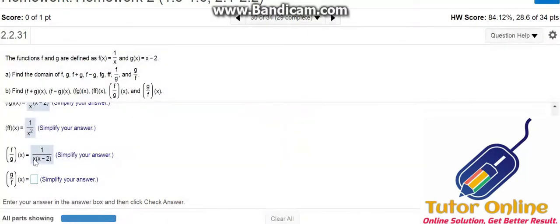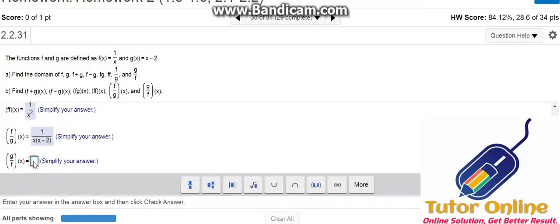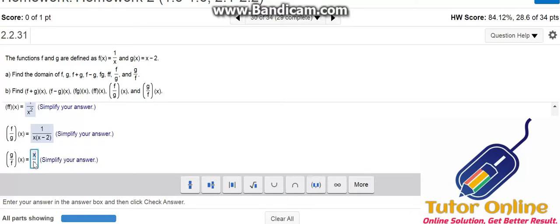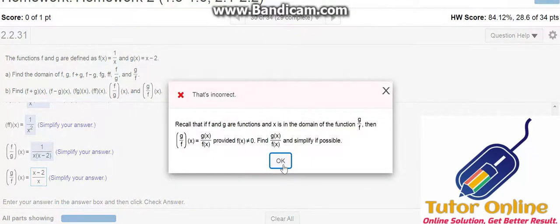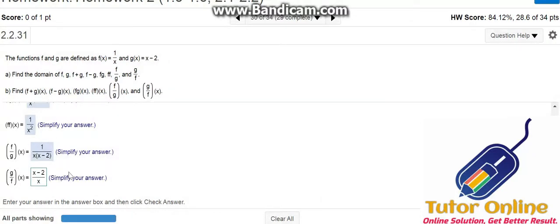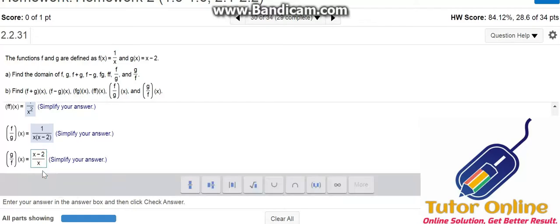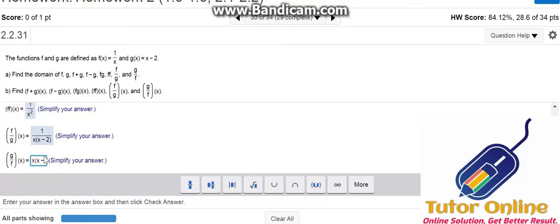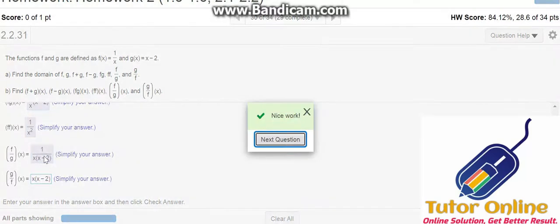Yeah, g over f of x, that's simple: x minus 2 divided by x. So g of x is x minus 2, and it becomes x times x minus 2. Yeah, that's nice work.